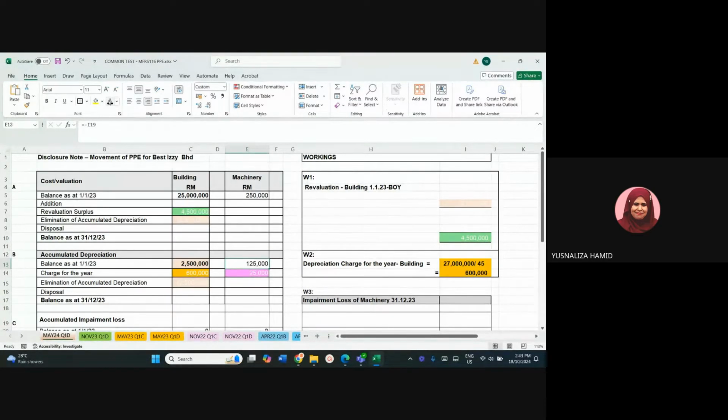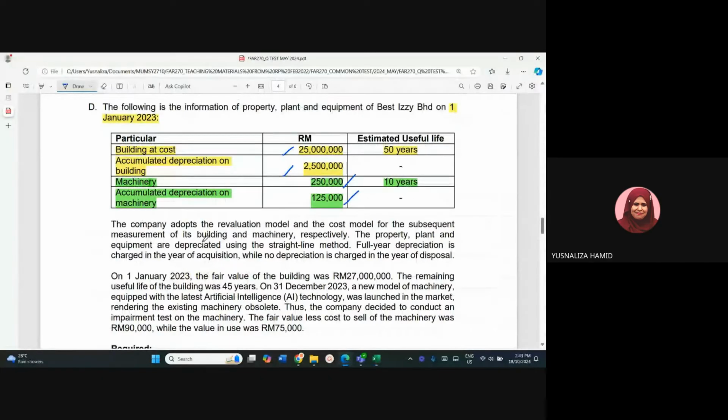You are not asked to calculate it, you are just given the information. In some questions you may have to calculate the accumulated depreciation yourself, but this one is given. After you have done that, you can read the question and see what information is given so that you can prepare the notes.